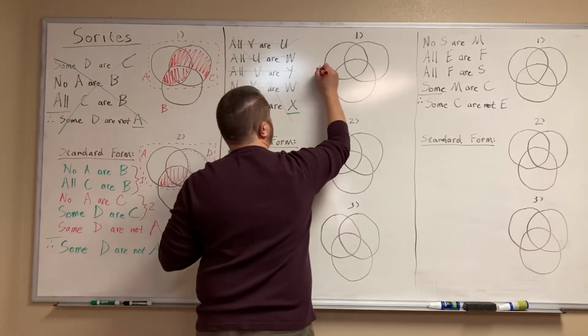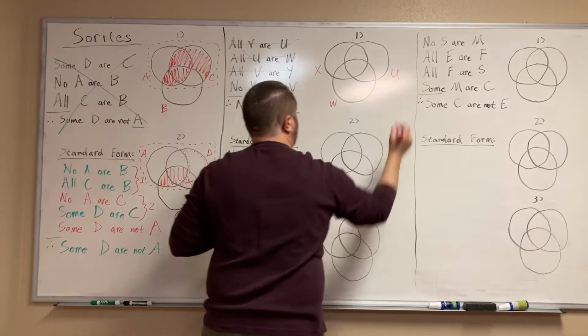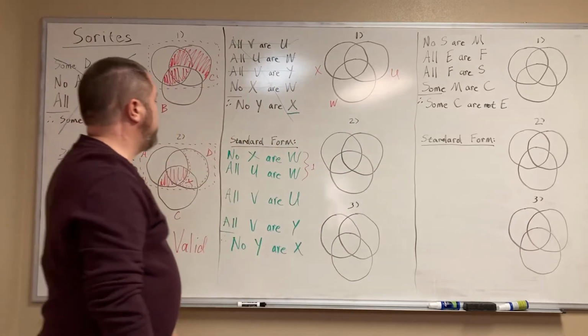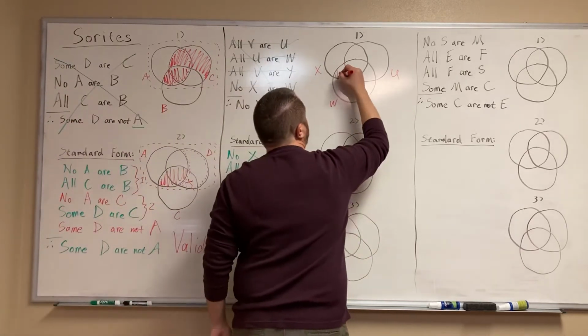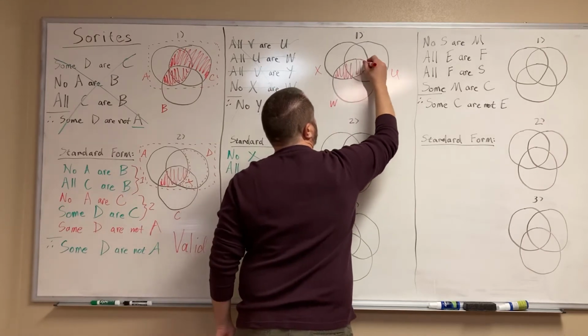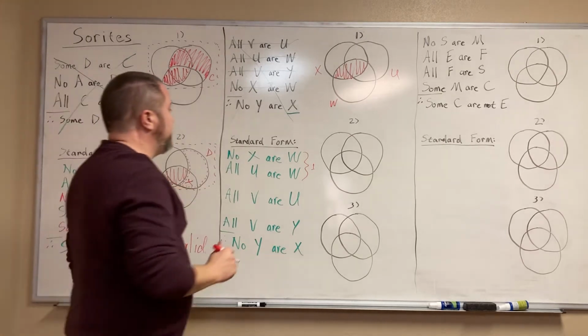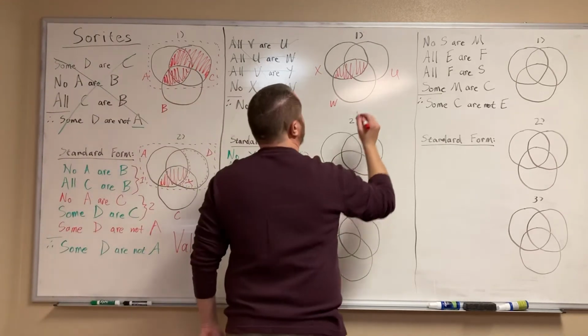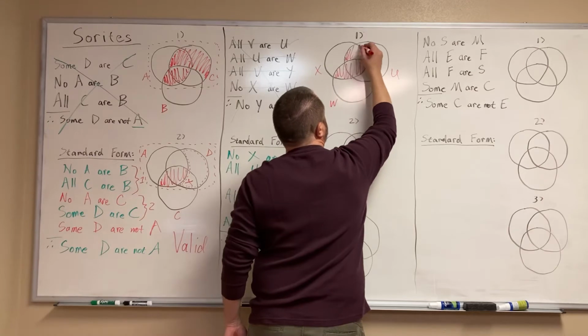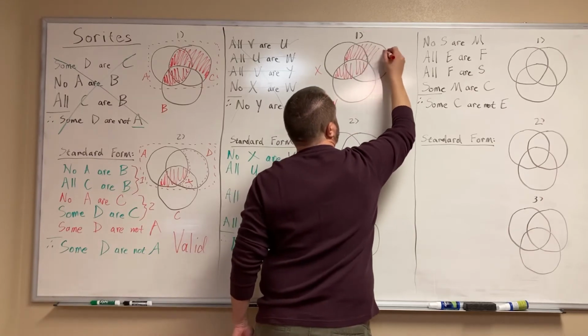And then x and u. No x are w. Eliminate and shade out the football between x and w. All u are w. So shade out the top right crescent.